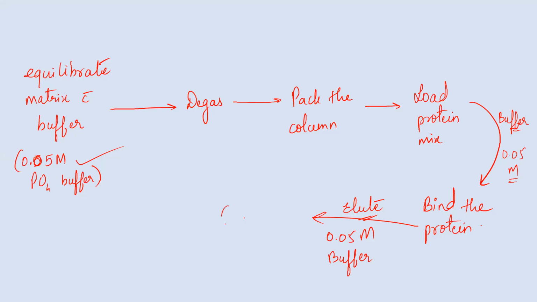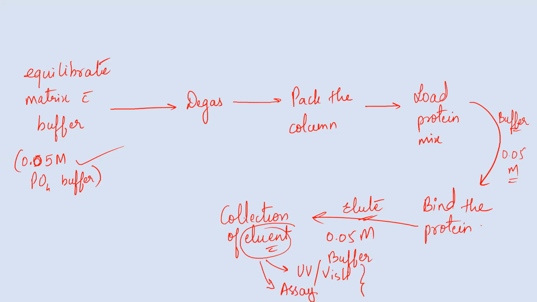The right word is collection of eluent. After you collect the eluent, what will you do? Either you do UV visible spectroscopy, or you do an enzyme assay. These two things will tell you whether there is protein in the eluent or not.